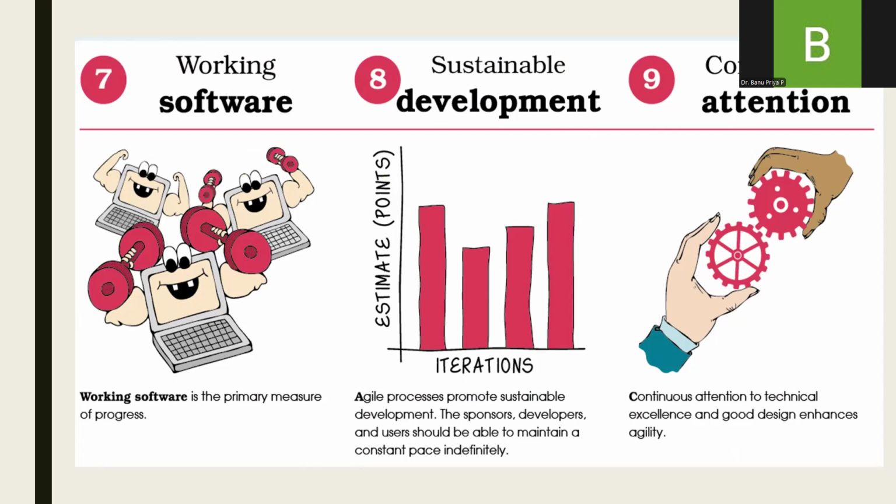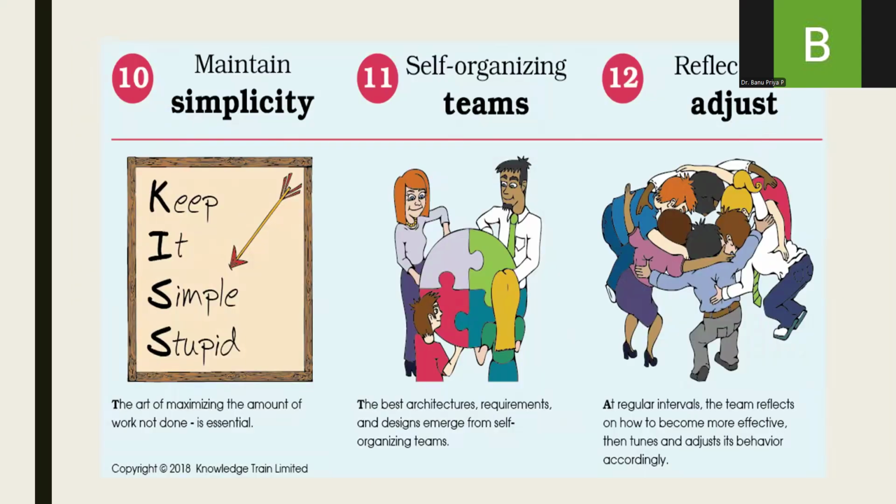The 10th principle is maintaining simplicity. Make sure you keep the outcomes of each sprint very simple. The art of maximizing the amount of work is not good, whereas keeping the work done very simple and getting the outcome is more effective.